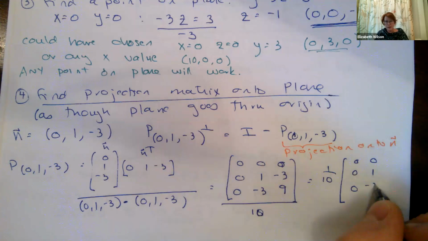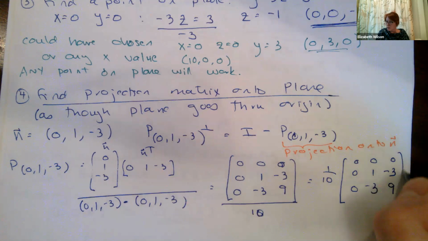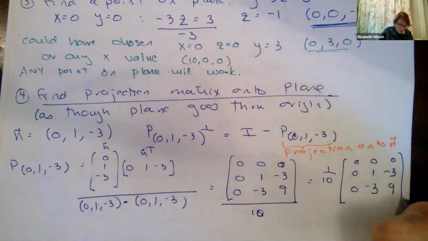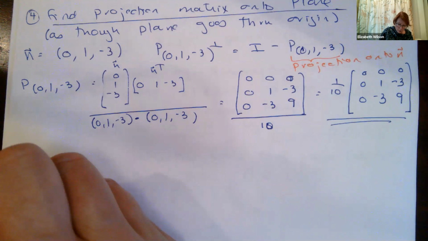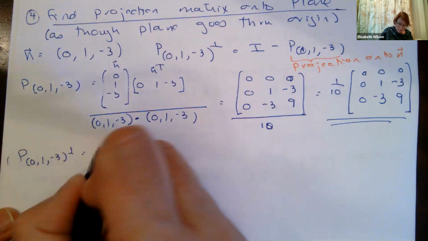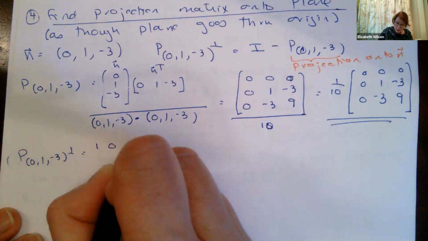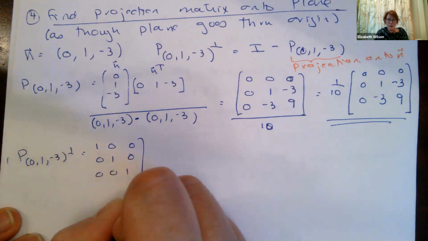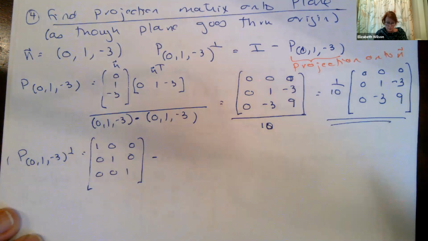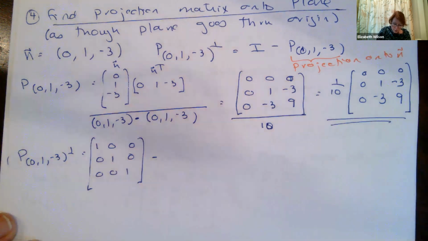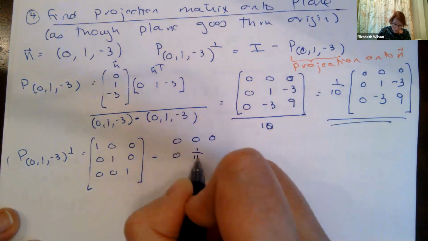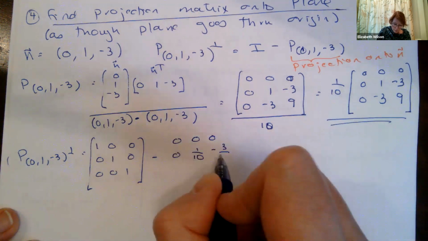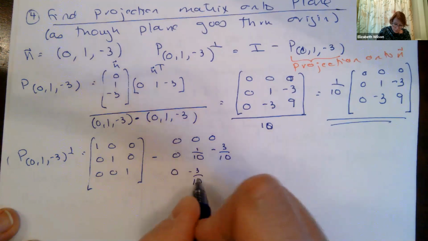I need to subtract that from my identity in order to get the projection onto the plane, right? So the projection onto our plane is our identity, 1, 0, 0, 0, 1, 0, 0, 0, 1, minus this thing here. I'm going to distribute the 1/10 in there so I can do subtraction with fractions. So 0, 0, 0, 0, 1/10, minus 3/10, 0, minus 3/10, 9/10.